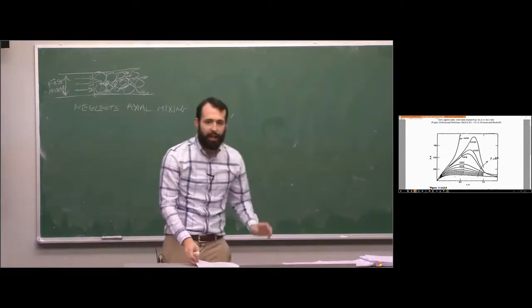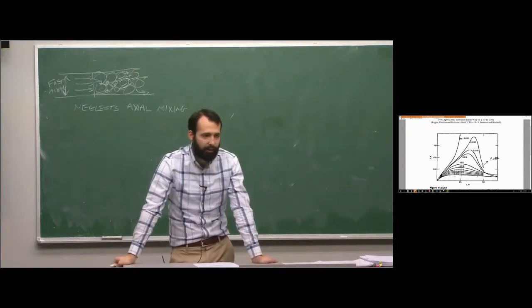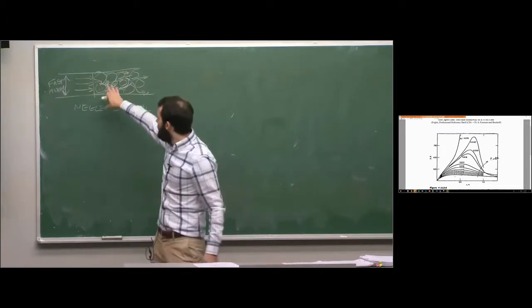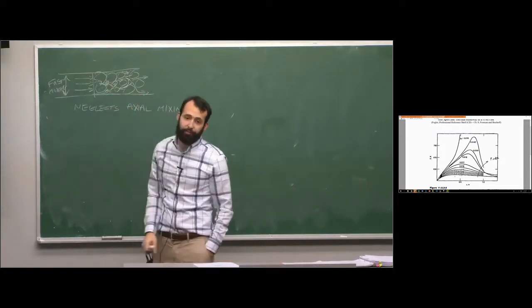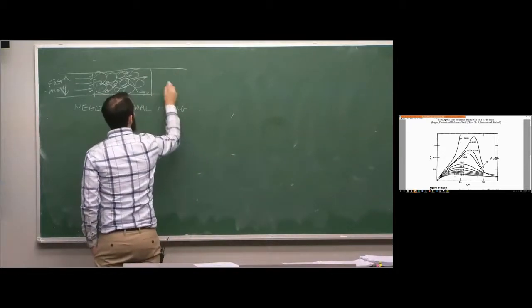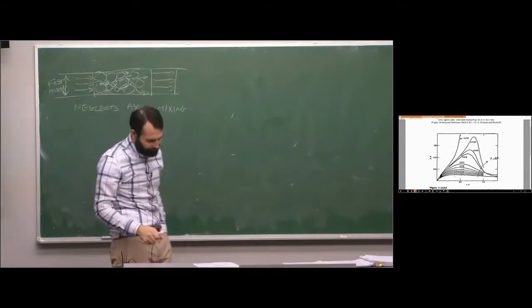Sort of rigorously accounting for this velocity profile is simply not done. It's too complex. All right? So we're not going to be worried about every single nook and cranny within this packed bed. Now when we leave the packed bed, again, you might return to a plug flow.